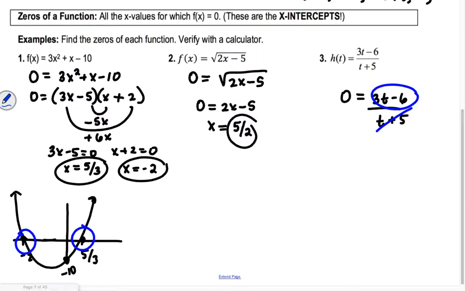Right, so that's gone. We don't worry about it. So we have 0 equals 3t minus 6. Add the 6 and divide by 3. So we get t equals 2. That's the x-intercept there. Okay, still feeling good with this stuff? Awesome.